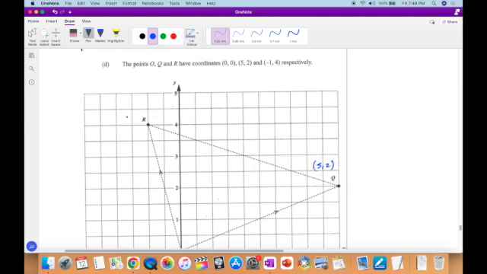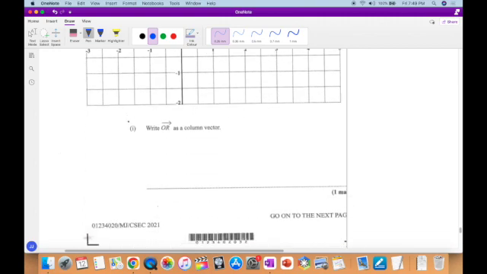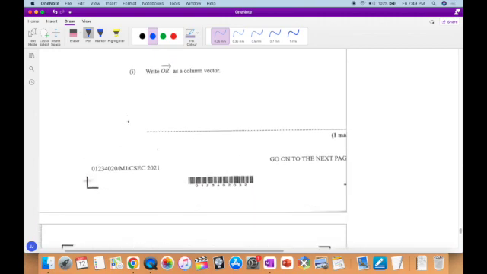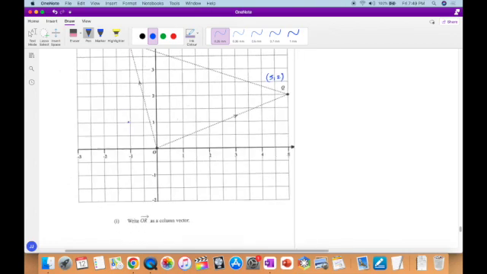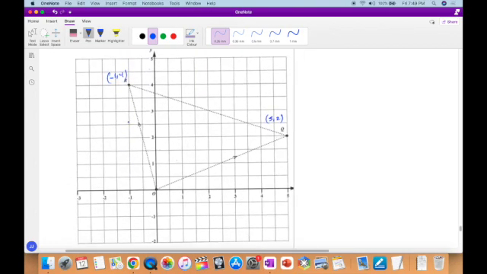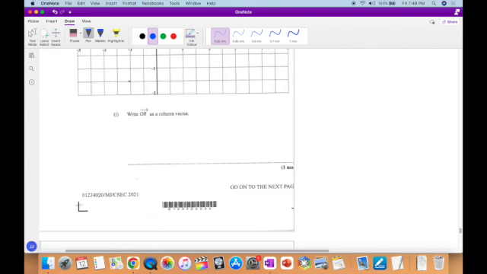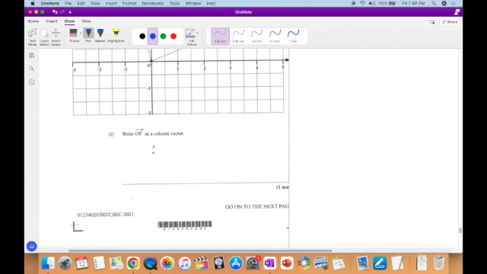And R is going to be negative 1, 4. Write OR as a column vector. It'll literally be minus 1, and then 1, 2, 3, 4. So as a column vector, OR is simply minus 1, 4.